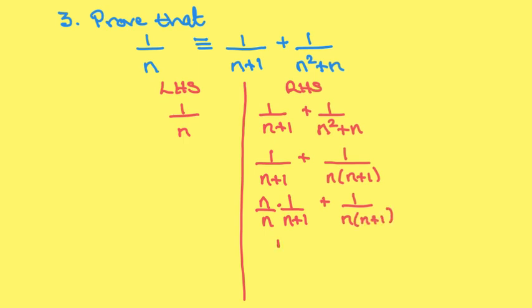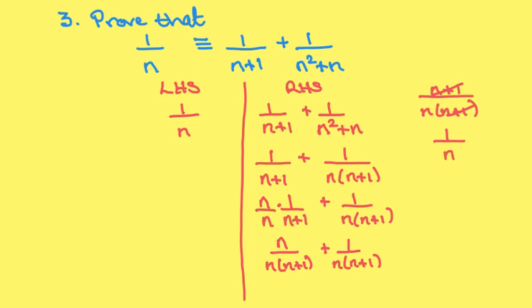I will get n over n(n + 1) plus 1 over n(n + 1). If I now bring them together, so therefore I've got n plus 1 over n(n + 1). Well, the n plus 1's cancel, so what I'm left with is 1 over n.